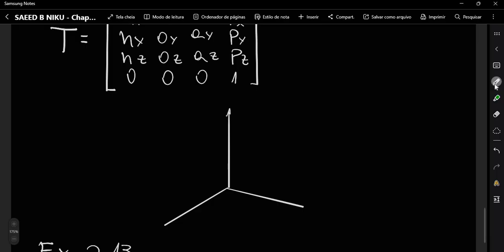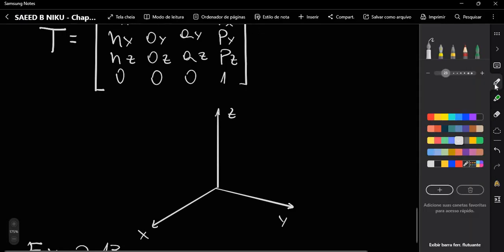So it is Z, X, and Y, and link it on the origin of this reference system.